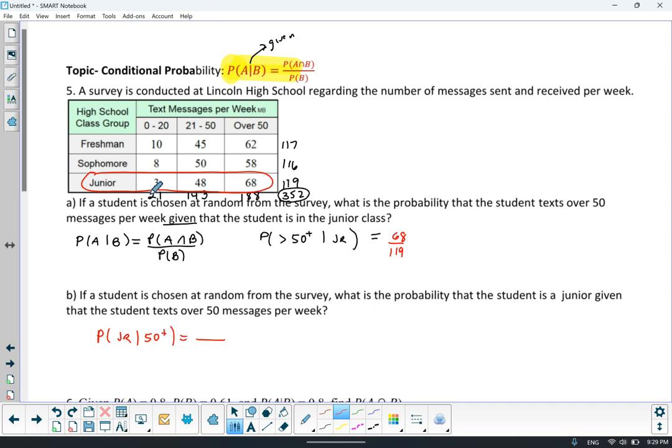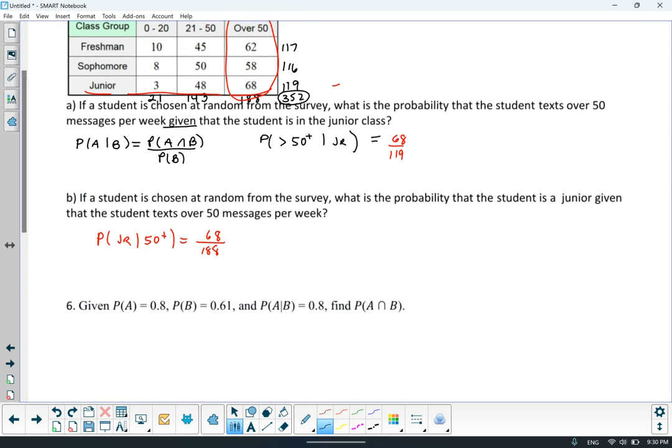So in this case, the condition is no longer being a junior, but rather texting over 50 messages. So the denominator is that 188, because that's the total number of people who text over 50 messages. And of those, 68 are juniors. And so notice the two different values.